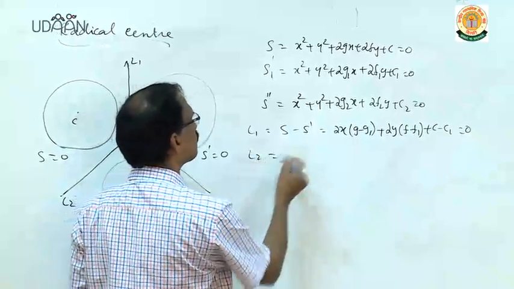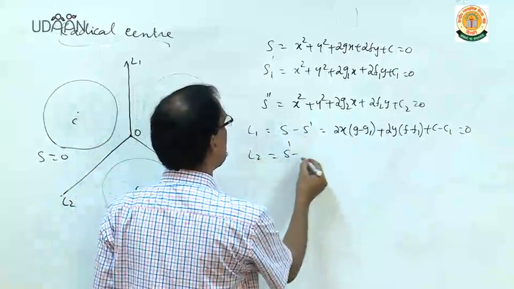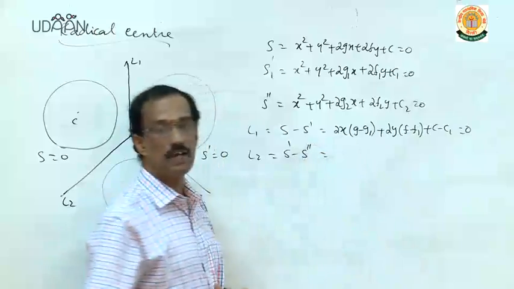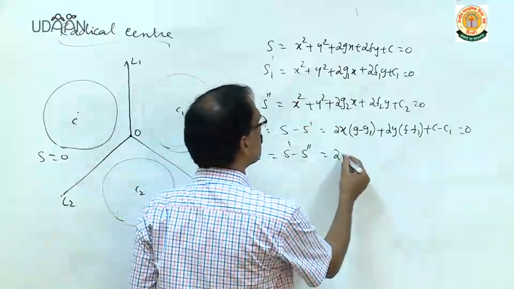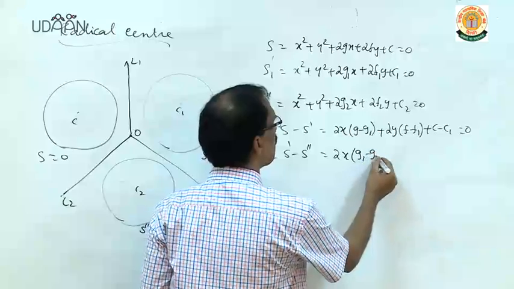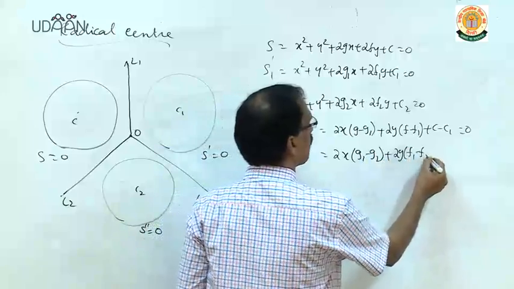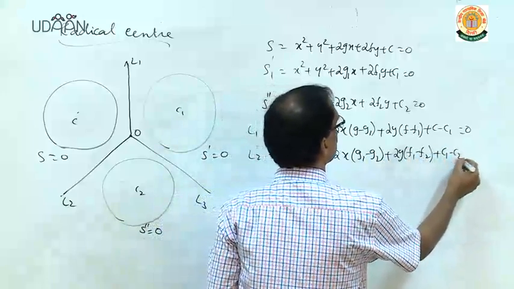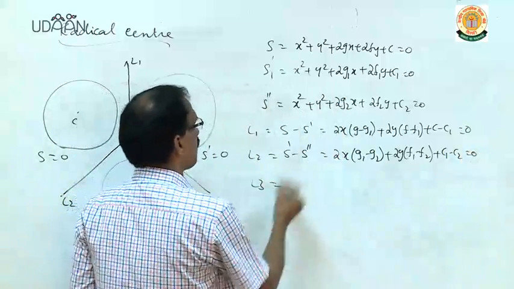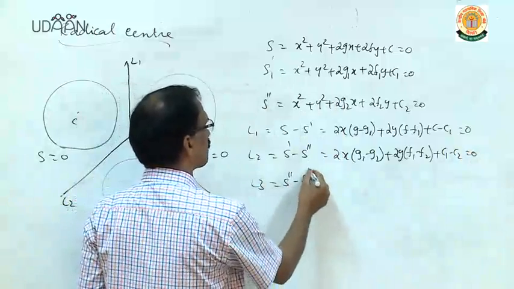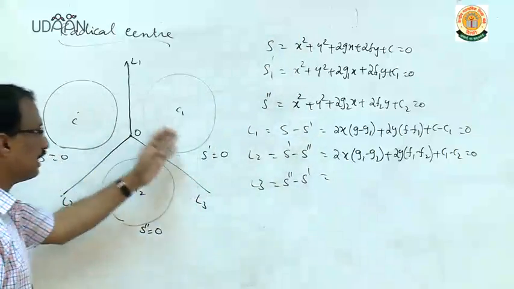Second one, L2, we get S dash minus S2 dash. So, subtracting these two, you get 2x into g1 minus g2 plus 2y into f1 minus f2 plus c1 minus c2 equal to 0. Then L3, it is S2 dash minus S, the third circle and the first one.